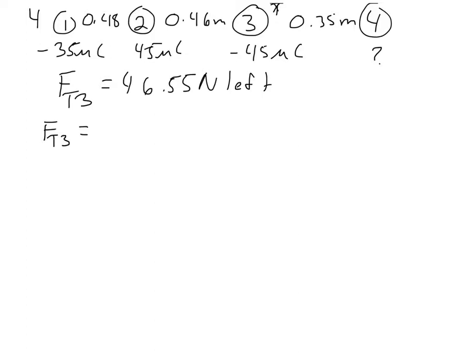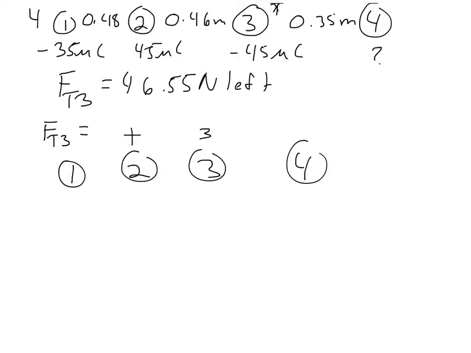Alright, so 1 on 3, let me redraw it down here and we'll just go 1, 2, 3, 4. So we've got force 2 on 3, since this is positive and negative. Not 3, it's negative.